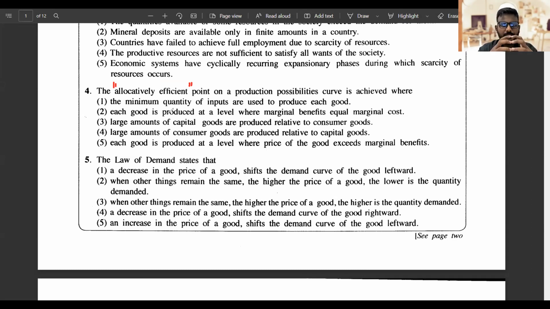Allocation of resources in a way that is best preferred by the society, right? Allocation of resources that is best preferred by the society, because when you allocate resources, you can allocate them as a producer.